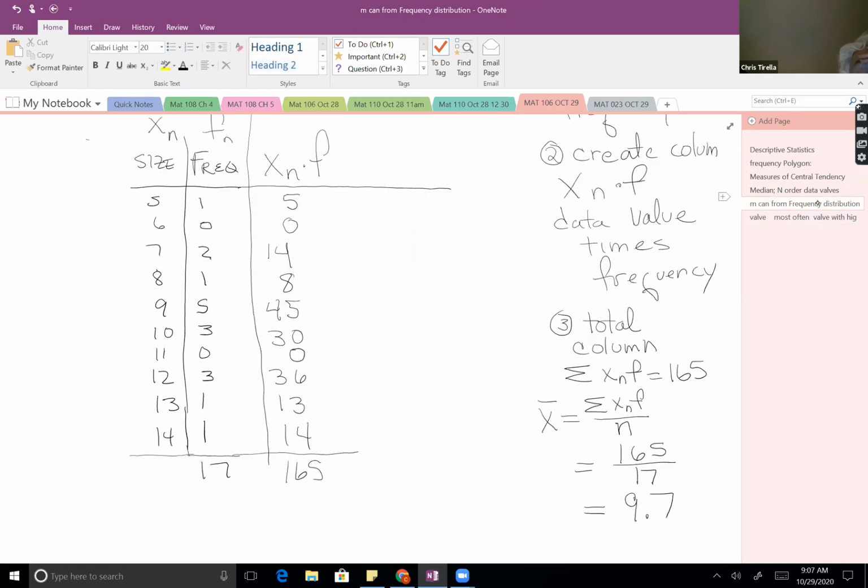So if I go back to this data, my shoe sizes, I think the highest frequency we had was 5, and that occurred with a size 9. And so we would say that the mode for the shoe sizes is 9.